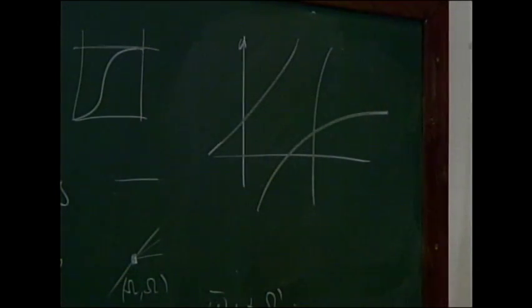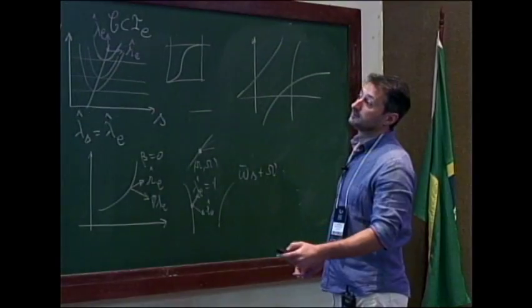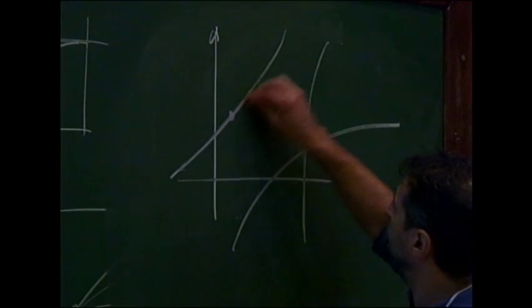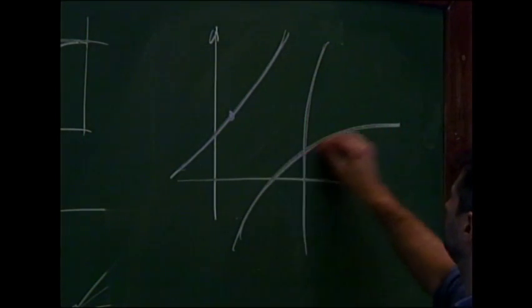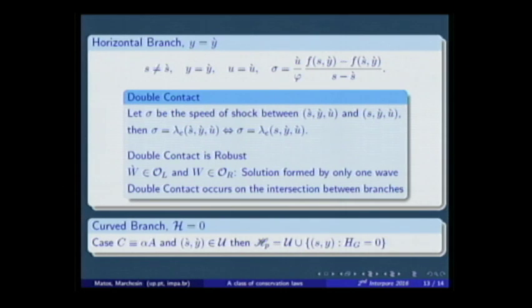If we compute just the curved branch for some point here, the Hugoniot curve will be exactly U plus the set where this HG, which is a determinant that depends only on Y, equals 0.